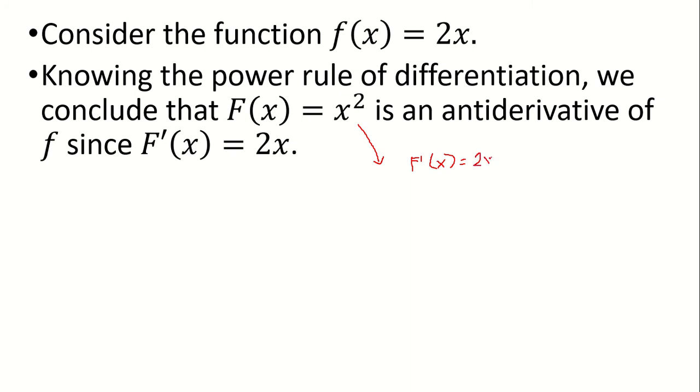Then the variable x, and then the exponent is 2 minus 1. So this will be equal to 2x, 2 minus 1 is 1. So the derivative of capital F of x is 2x, which is equivalent to the f of x is equal to 2x.